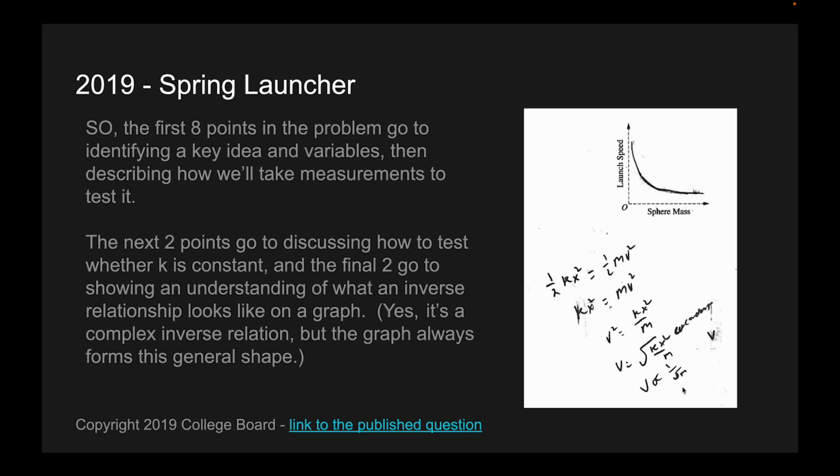Mass ends up in the denominator, and so we would expect an inverse graph. Yes, it's an inverse square root, but basically this is always the general shape for that kind of inverse relationship. So they're asking you to show that you understand that when they ask you to sketch that graph.